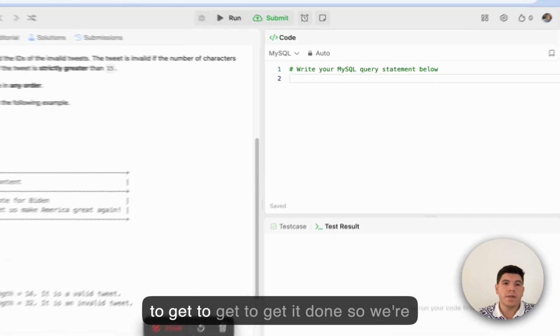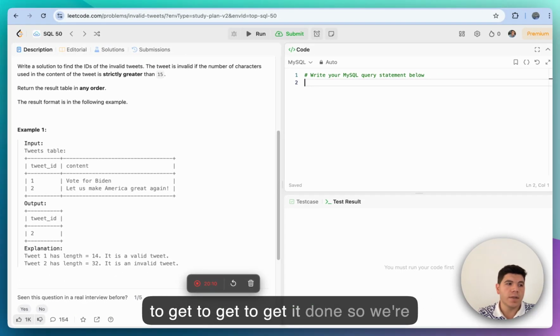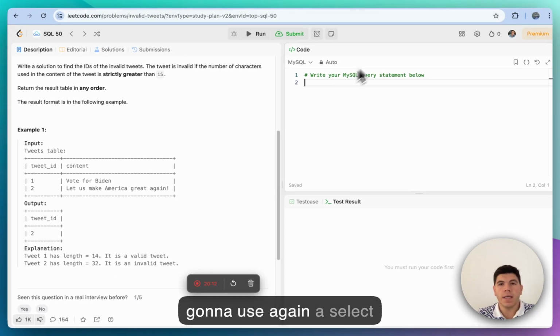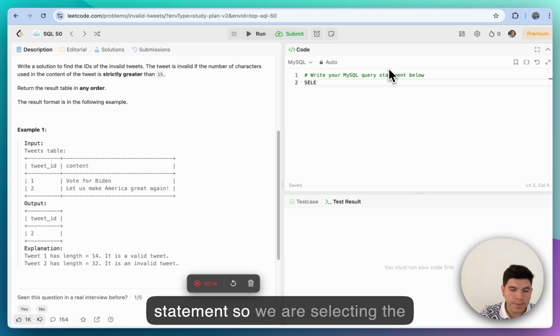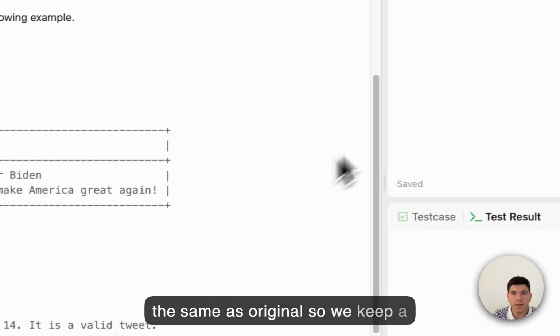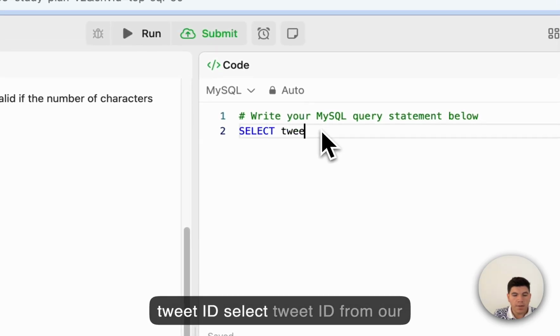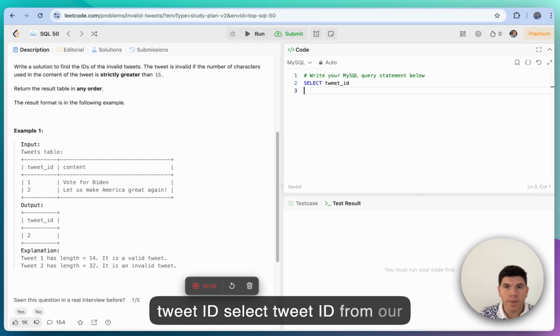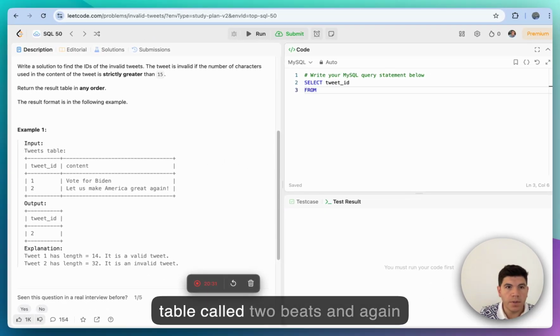So to get it done, we're going to use again a select statement. We are selecting the column, and the name in the output is the same as the original, so we give it tweet ID. Select tweet ID from our table called tweets.